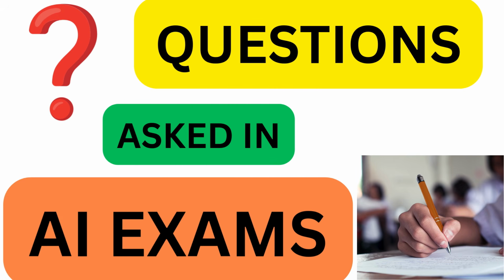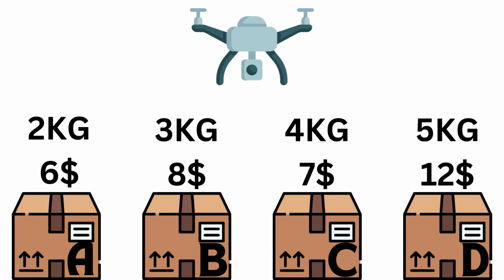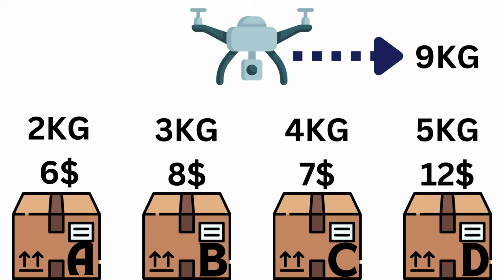In this video, we are going to solve a practical example of hill climbing, a fundamental local search algorithm in artificial intelligence. The goal is to select items for a delivery drone while respecting a weight limit and maximizing total value. We have four items. Item A, weight 2 kg, value $6.